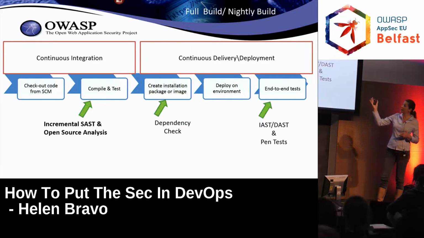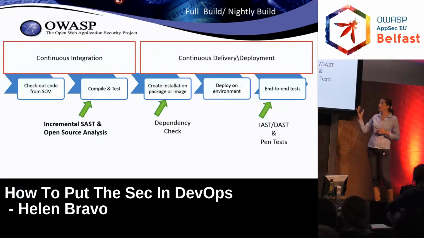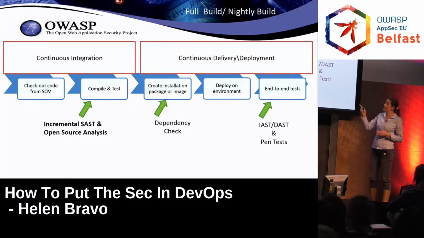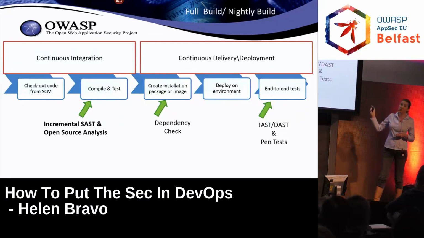And here we also have the continuous integration part, where we can also do a lot of checks. The continuous integration part is very important, actually, because it usually happens much more often than the continuous deployment. Well, for those who are doing continuous deployment, it's actually the same pace.